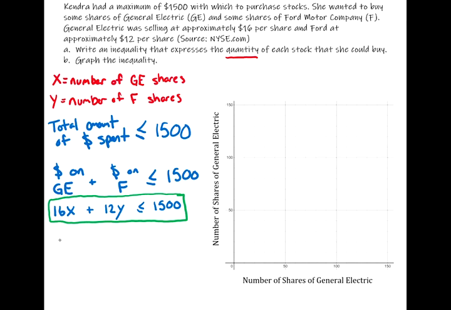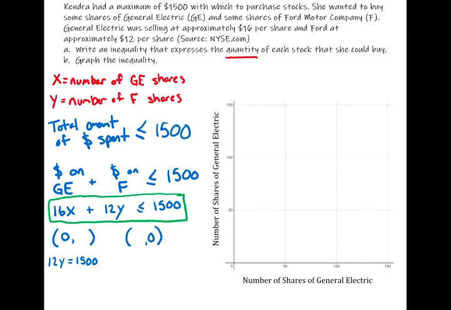So basically, when x is 0, what is y equal to? And when y is equal to 0, what is x equal to? Those are the 2 points we want. So we could use this inequality. If we plug in 0 for the x value, then 16 times 0 is 0, so 12y should be equal to 1500.